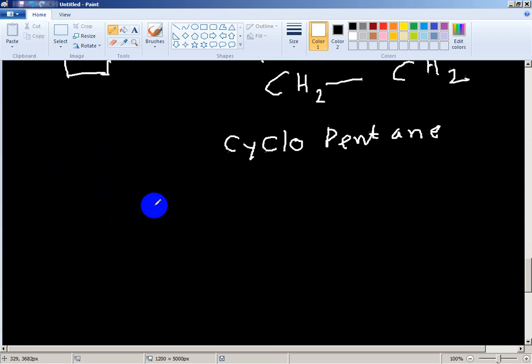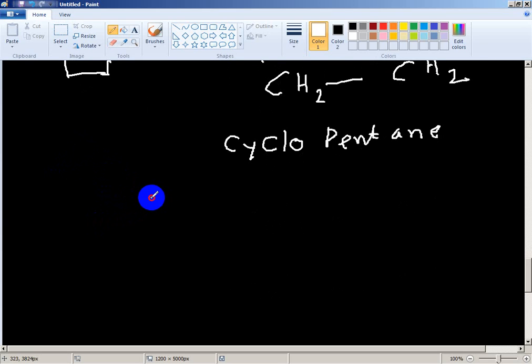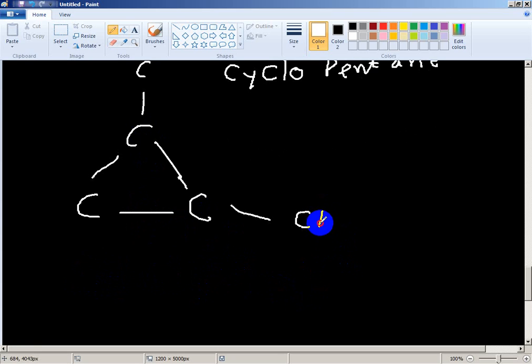Okay, this is cyclopentane. Now this is 5 carbon, 10 hydrogen. Now I give this structure here. Here 1 carbon. So what will be this compound name?